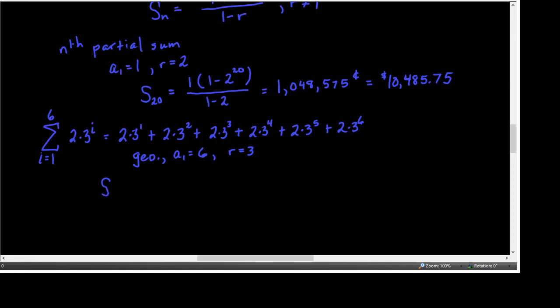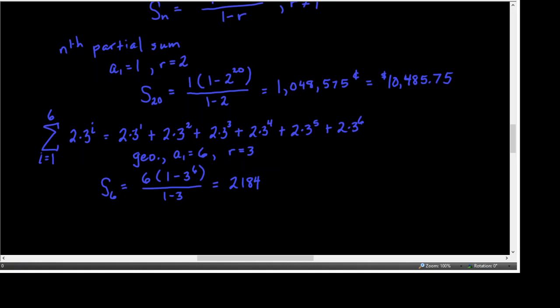So S sub 6, which we could do by finishing the problem above, doing all that arithmetic and getting the sum, but this is to practice our formula, is S sub 6 is a sub 1, which is 6, times 1 minus r, which is 3, to the n, divided by 1 minus r. And you do that arithmetic, and you should get 2,184. You would get the same answer if you did all of the arithmetic in the line above.